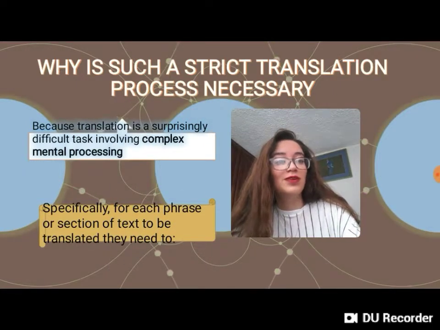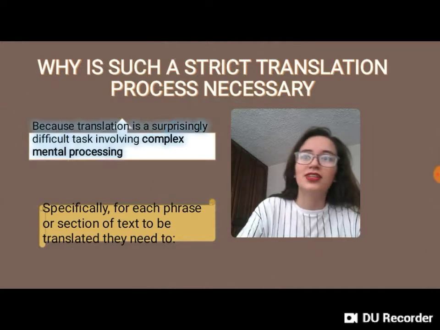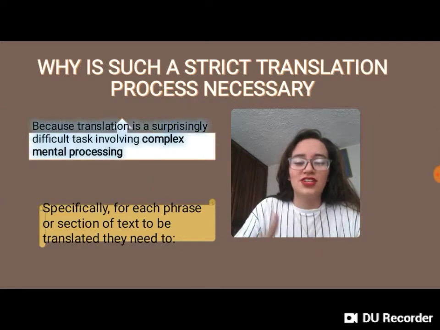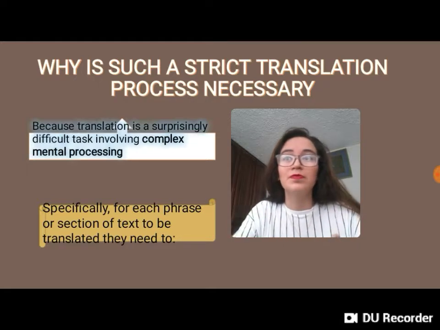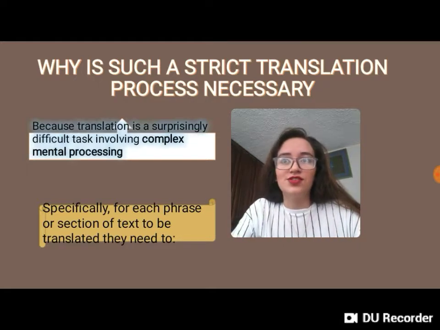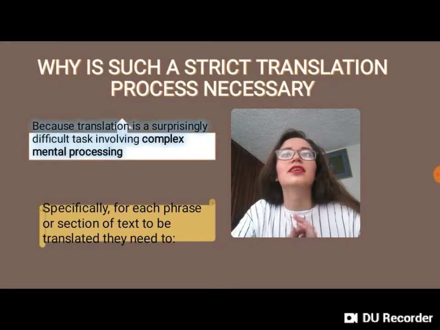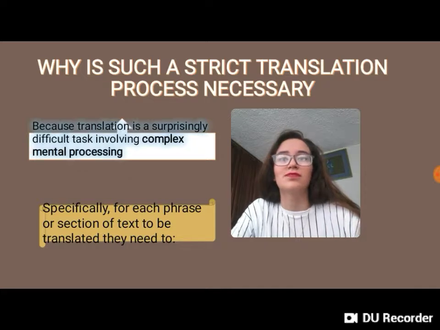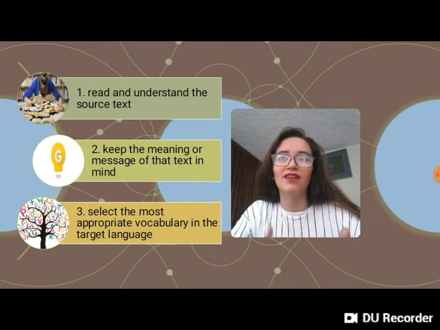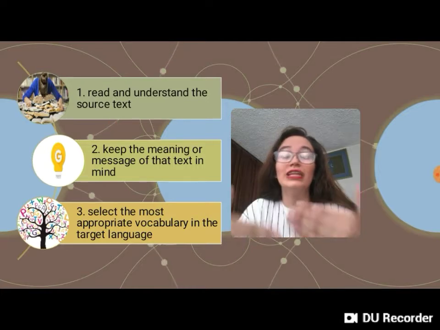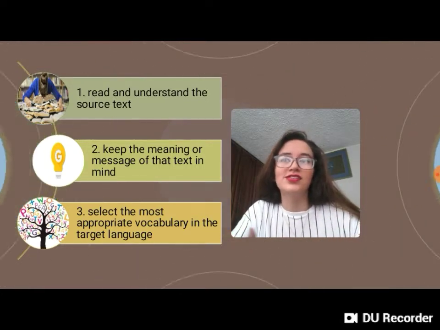Another question we have to take into account is, why is such a strict translation process necessary? Because translation is a surprisingly difficult task involving complex mental processing. We need to read and understand the text.